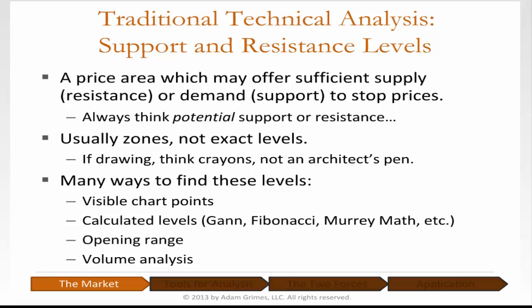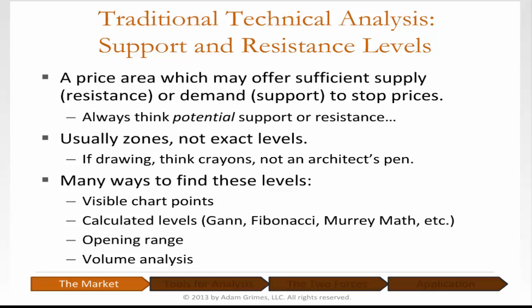And that seems like a silly thing, but language is powerful. And language can shape our thinking in a lot of ways. That's a small change that will open your mind to the possibilities and is a constant reminder to the wide range of possible outcomes. So add that word. Support and resistance, usually zones, not exact levels.